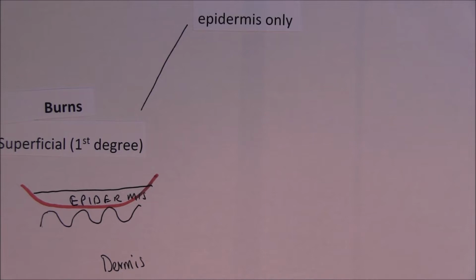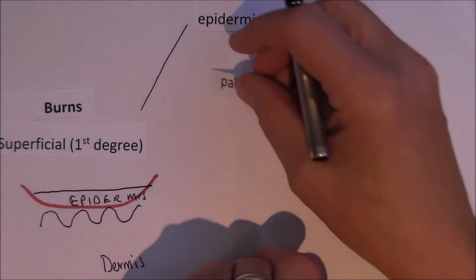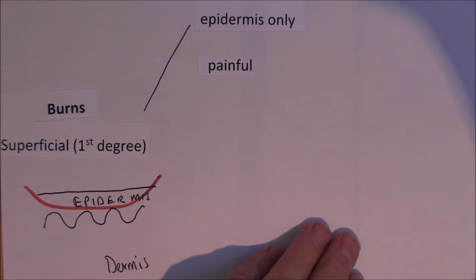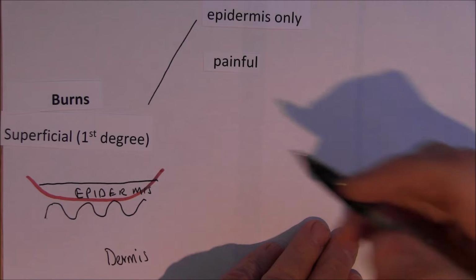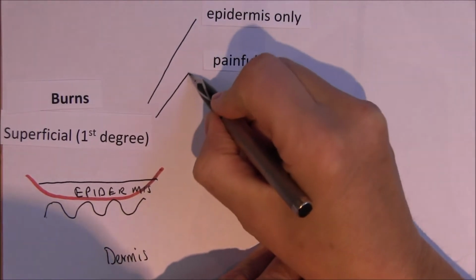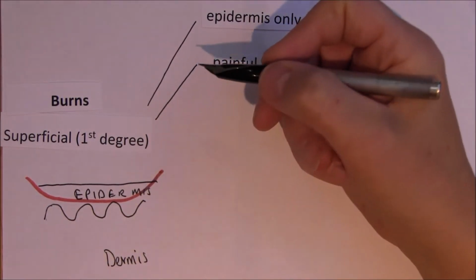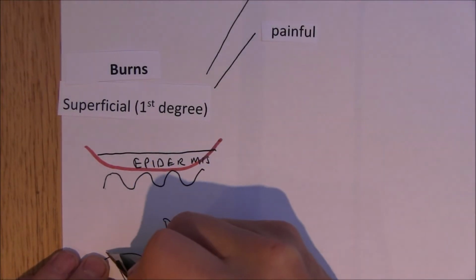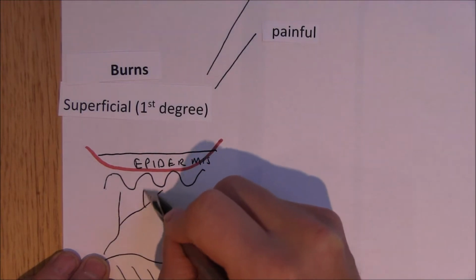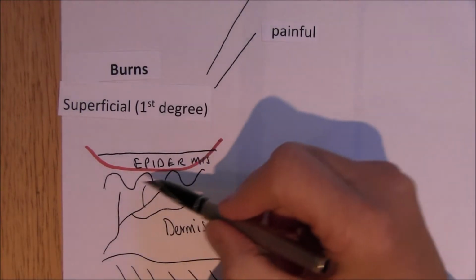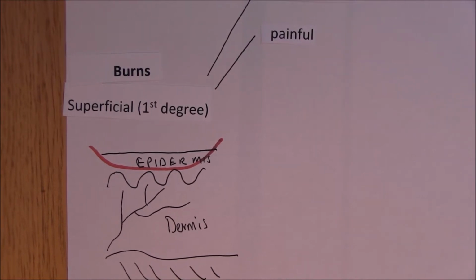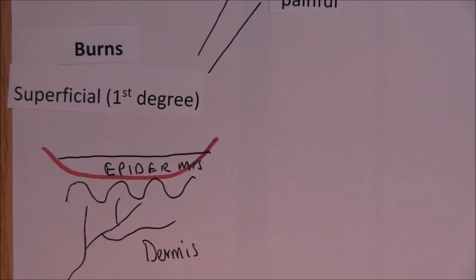Now, we have mentioned that the epidermis does not contain the pain-sensitive nociceptors, and yet these burns are still painful. Superficial burns can be really surprisingly painful. And the reason for this is, even although the nociceptors are in the dermis below here, so this is where the nociceptors are found, the inflammation set off by the burns causes a lot of inflammation.